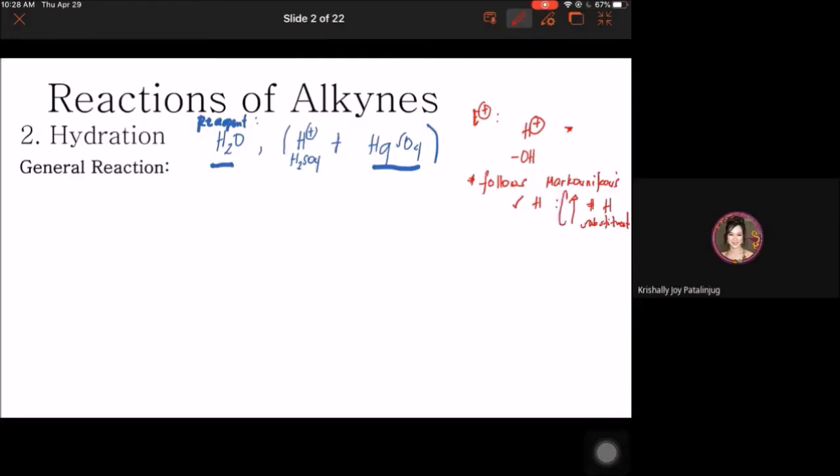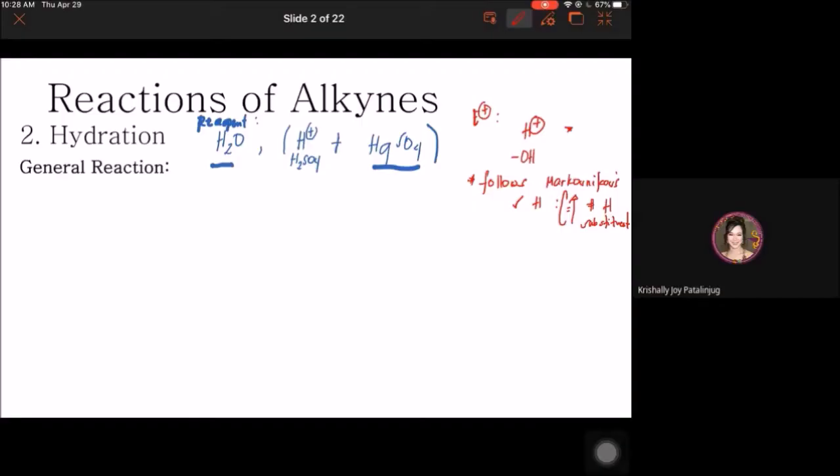Simply memorize where the hydrogen will be added.